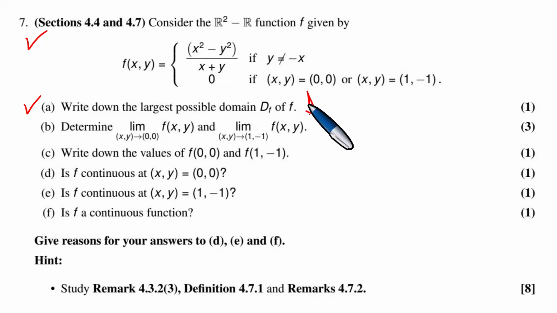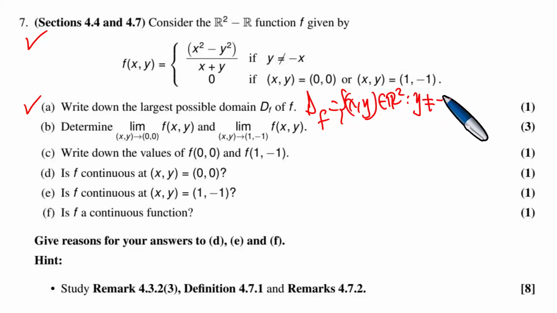The domain of the function f is going to contain (x, y) in R2 such that y is different from minus x. Y cannot be minus x, because if y is minus x, then we're going to have division by 0 here.